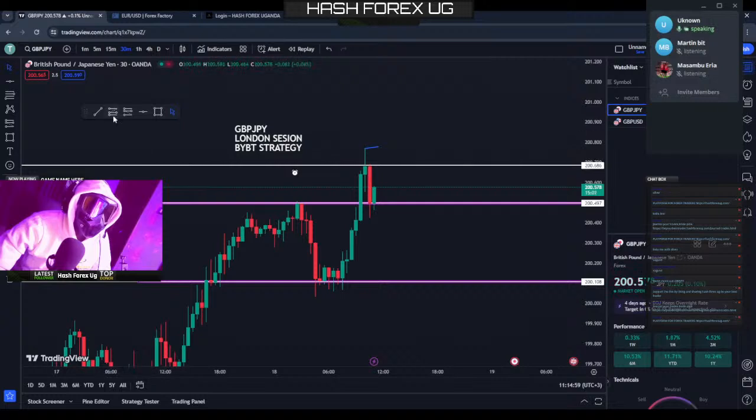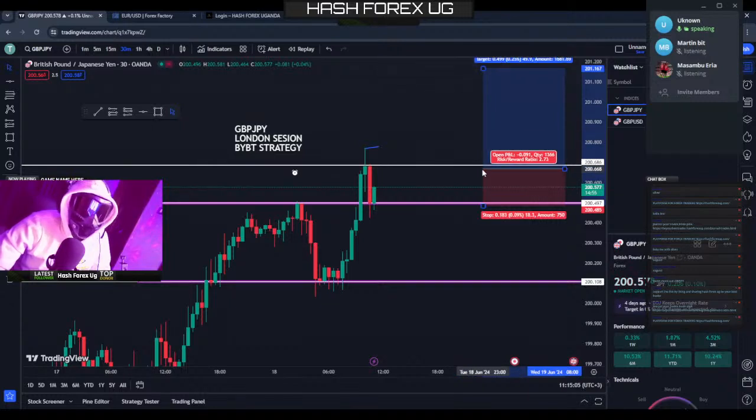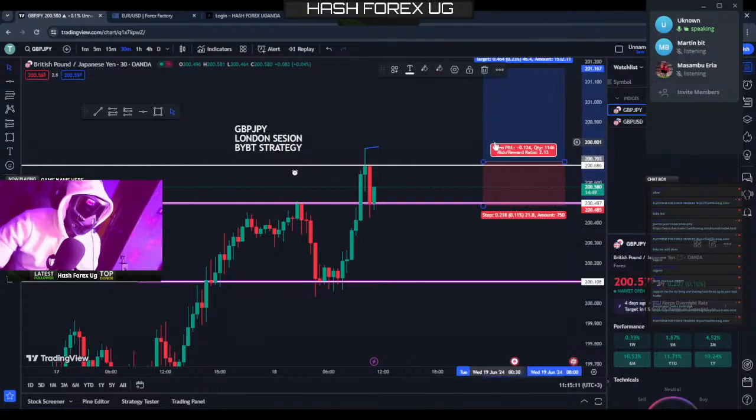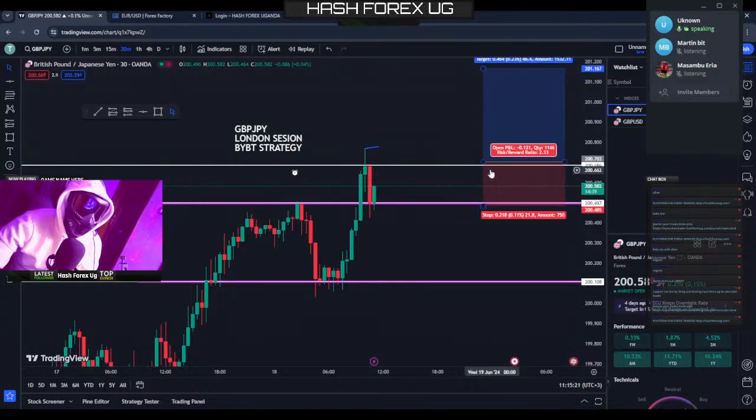If the entry has been provided, you always find something like this showing us the buys. This is normally our target, this color is our take profit zone, and this one shows us our stop loss.